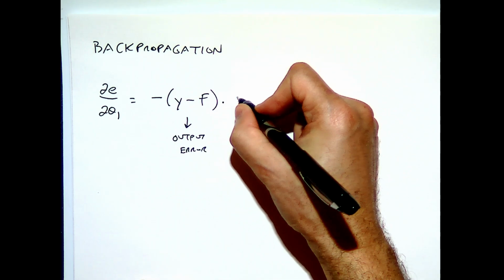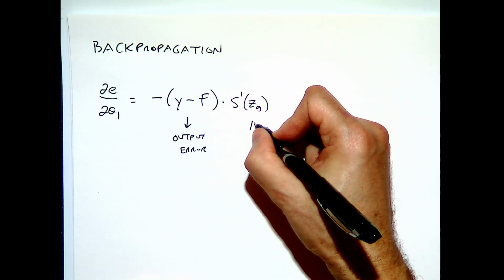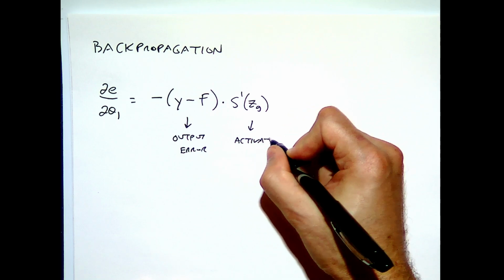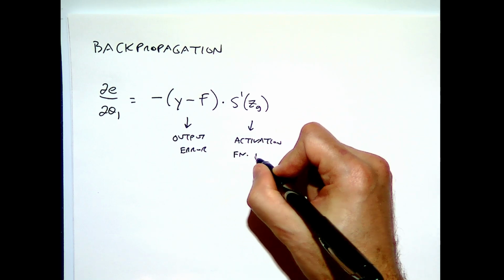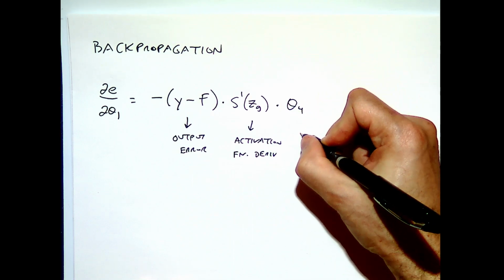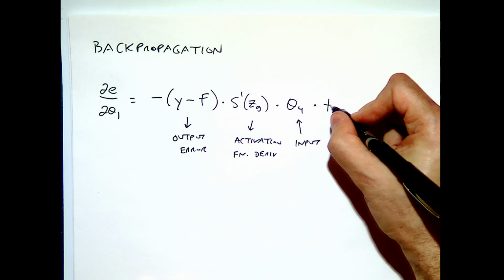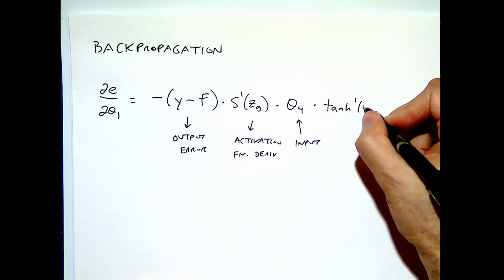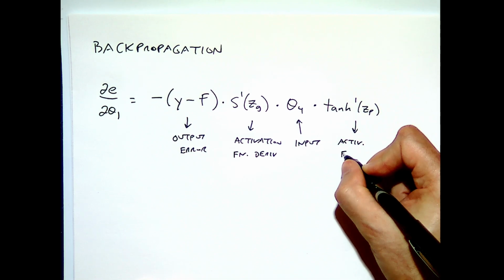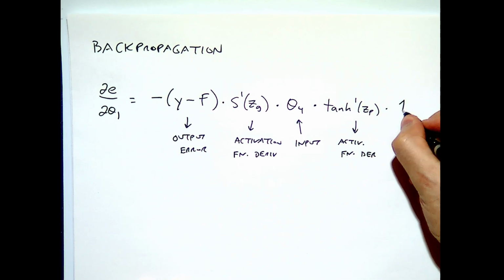And then I multiply that by derivatives of activation functions, and then I multiply it by inputs to the various layers, and then I have another activation function derivative, and then I have another input.